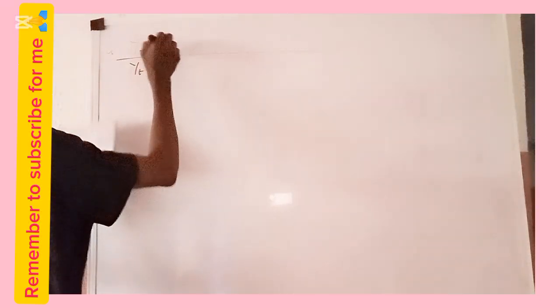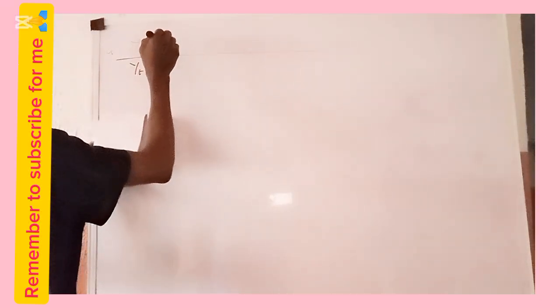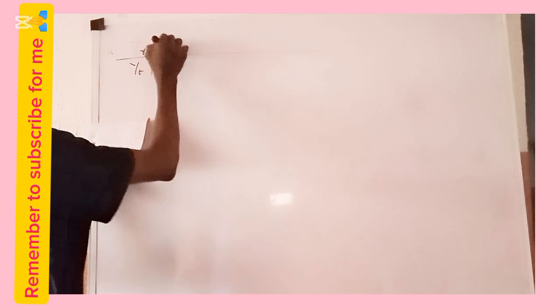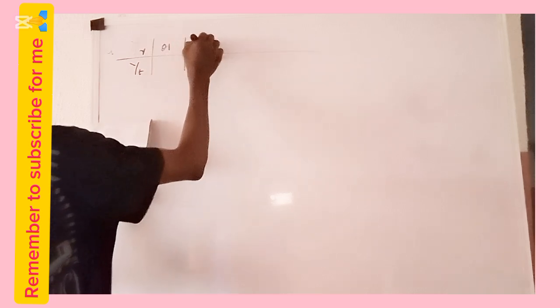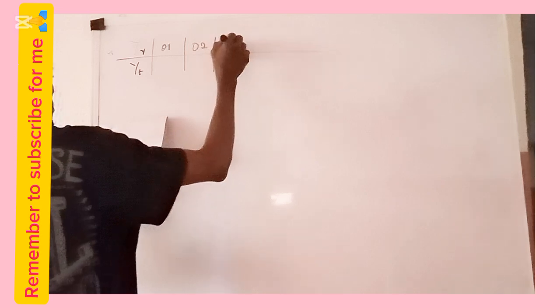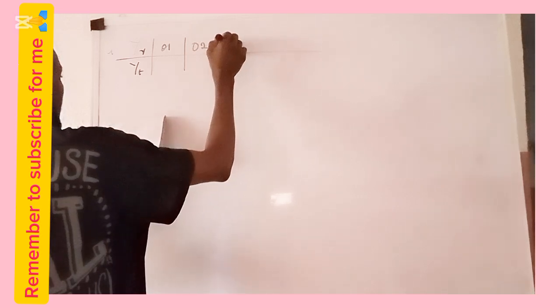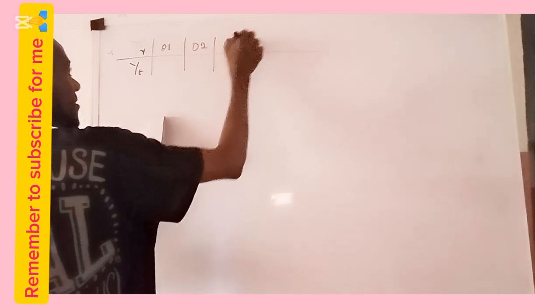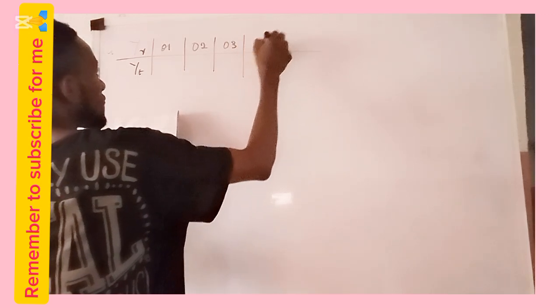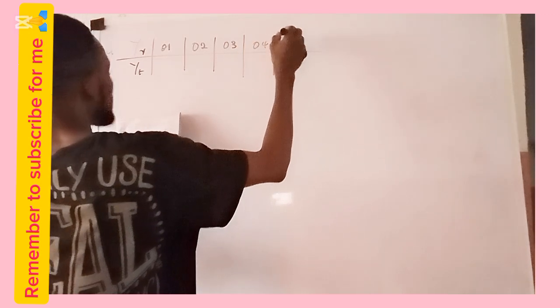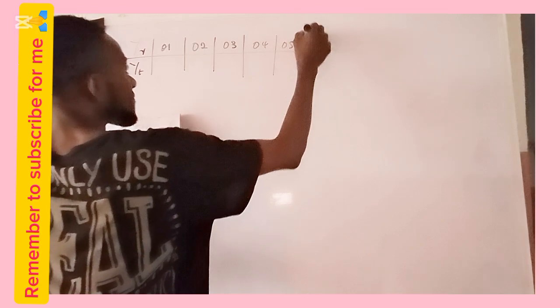So here I have 2001, which I'll write as O1. 2002, I'll write O2. 2003, I'll write O3. 2004, I'll write as O4. 2005, O5.